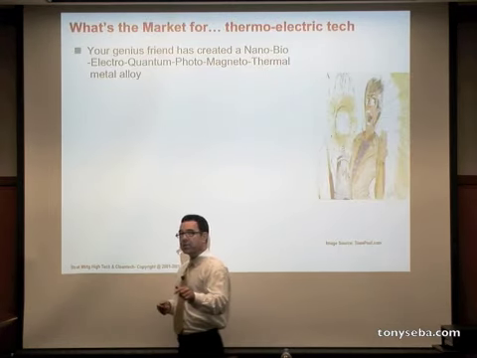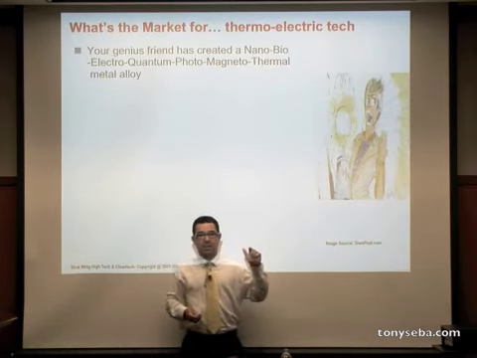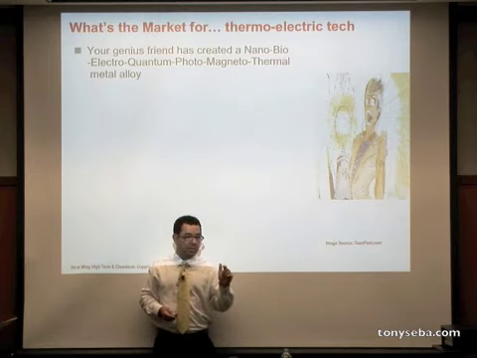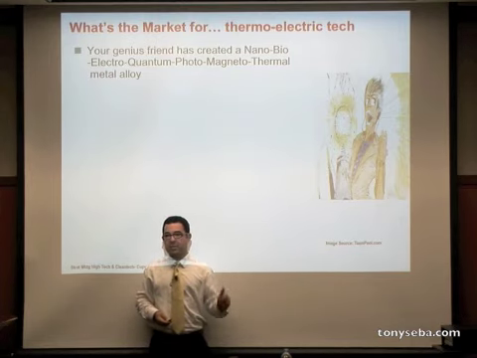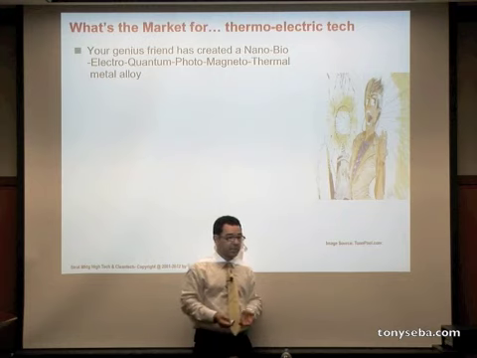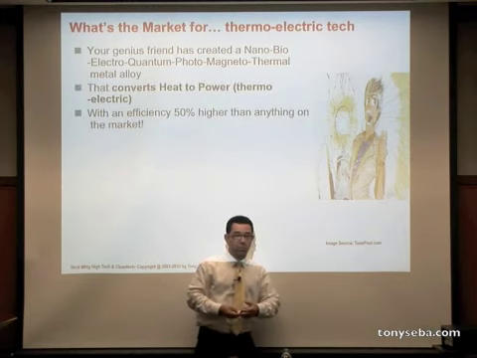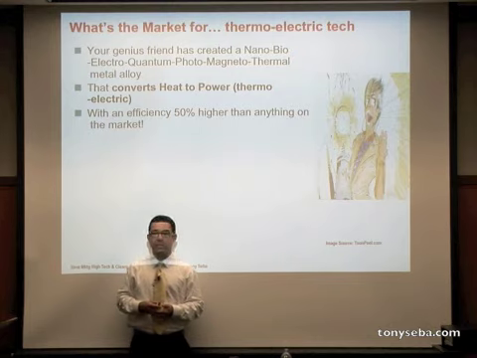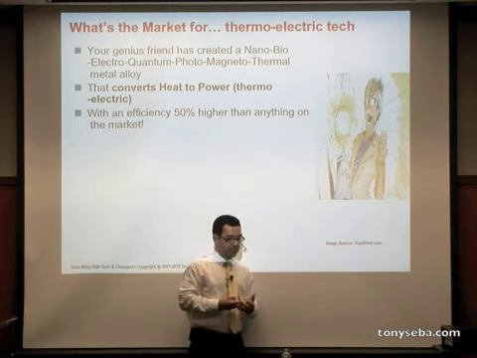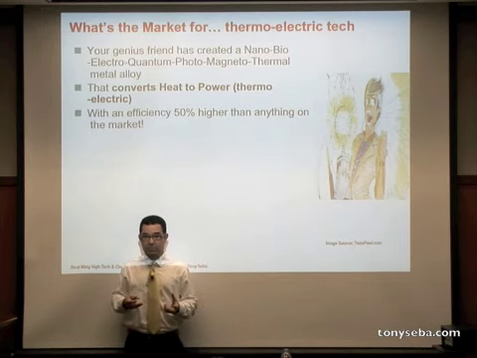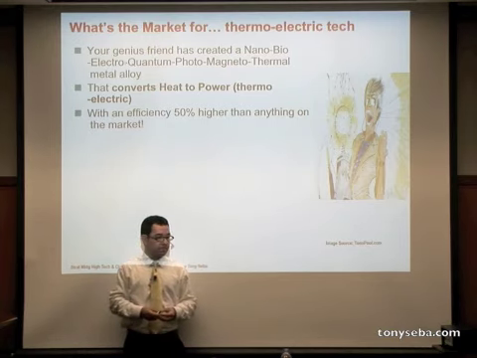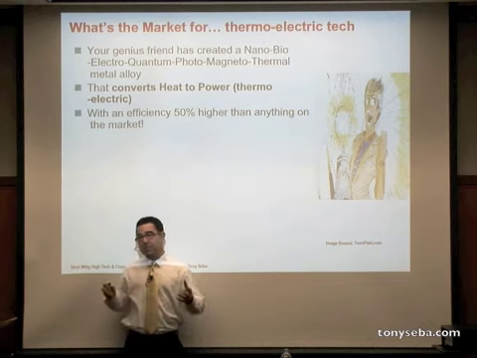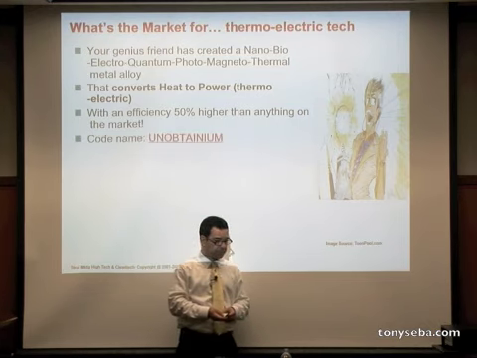And I said last time that as part of the class, we're going to do the segmentation for a couple of technologies, yeah? So we have this technology that your genius friend created that basically converts heat to power with an efficiency that's much higher than the market.